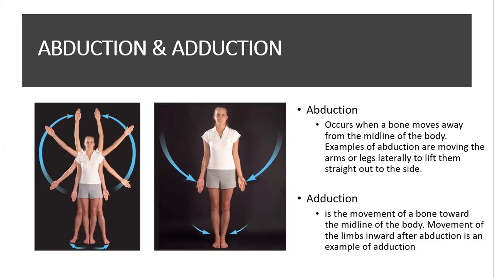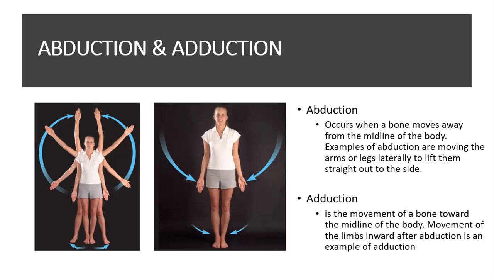We usually have abduction and adduction at the shoulder, at the hip, and we also have it at the ankle too. And abduction and adduction occur in the frontal plane. Remember, the frontal plane divides the body into front and back halves.